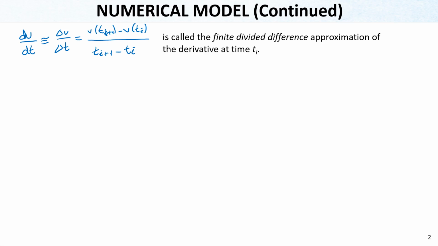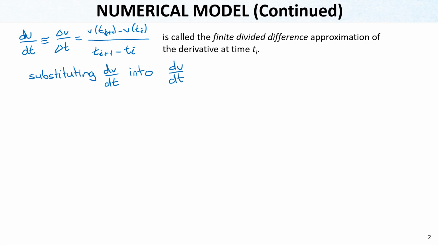So here we substitute this approximation of dv over dt into our parachutist problem formulation.